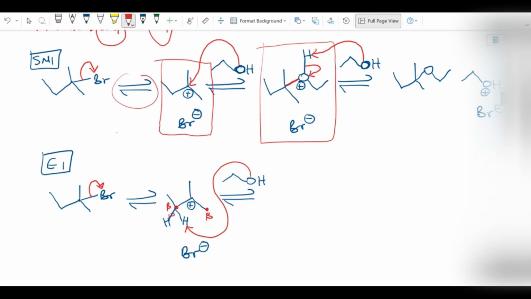However, in this case, stereochemistry doesn't matter. Why? Because this carbon is flat, it's trigonal planar. So it doesn't matter which direction the hydrogen is pointing out. Now, when the base pulls off that proton, the bond between the beta carbon and the proton will break. It will form a double bond between the beta carbon and the positively charged carbon, and we would have our Zaitsev product, which is the major product in this case.